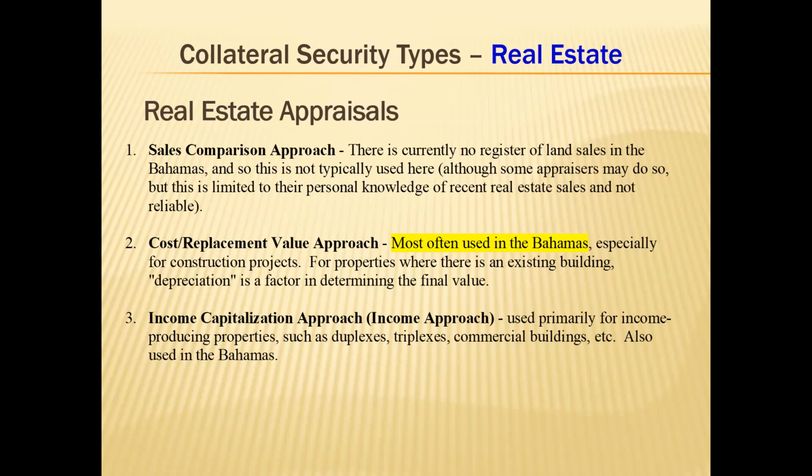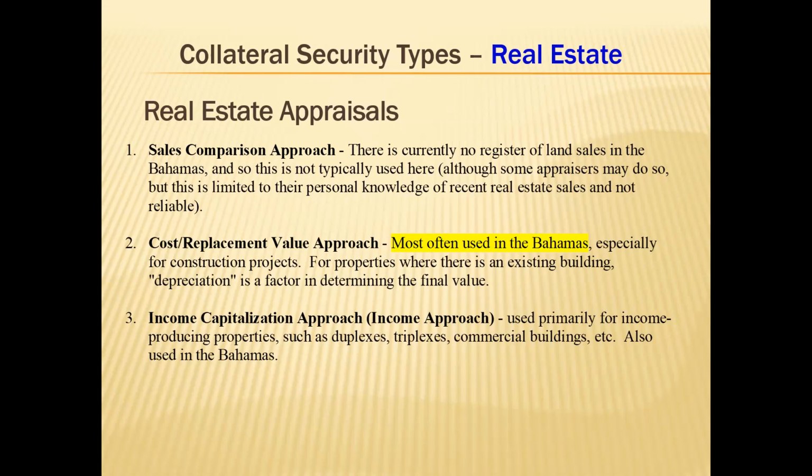Okay, so there's certain sections of Cable Beach where there were strictly residences, but the people are using them as Airbnbs, getting income. So in those instances, the income capitalization approach can be used or should be used as one of the appraisal approaches.